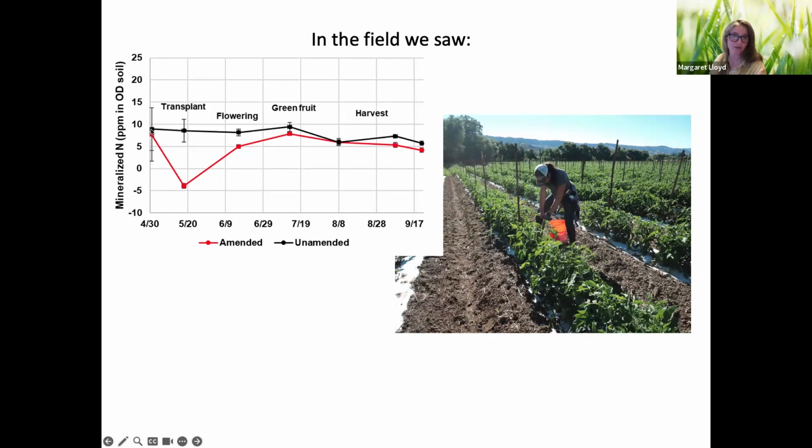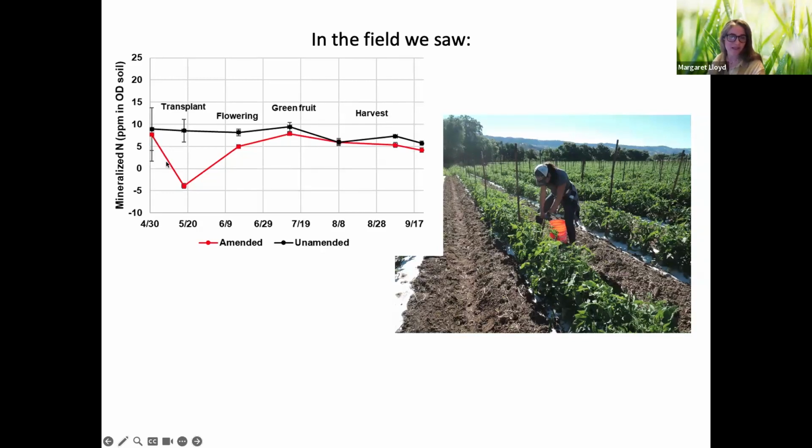So there was no compost added, and the mineralized nitrogen hovered around 10 parts per million during that season. As the plants ripened, we saw that begin to decrease. So that aligns with that rapid uptake and nitrogen demand to make those fruits.